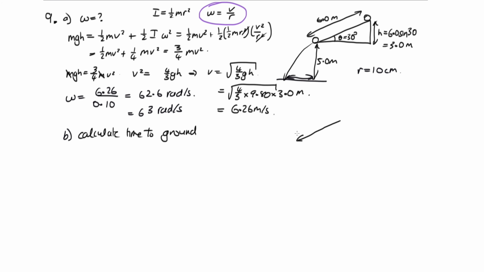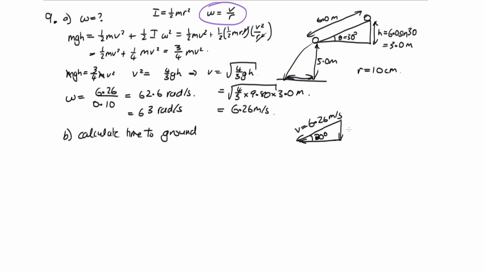Initially, it's traveling with our speed v, which we calculated here, 6.26 meters per second, and that's in the direction of the roof. So this is 30 degrees, and we've got a horizontal component to that. Sorry, this is pointing in the wrong direction. The horizontal component is pointing this way, and the vertical component.